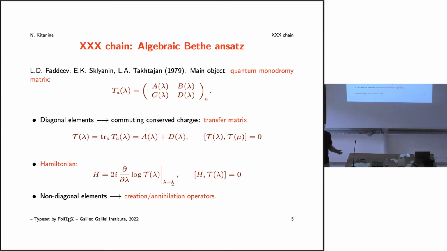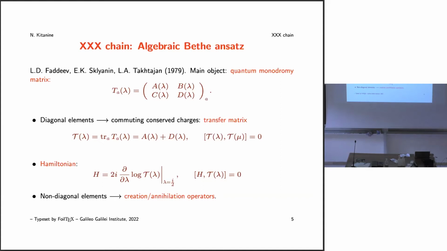And this monodromy matrix contains at the same time conserved charges, commuting conserved charges, which is called the transfer matrix, which is related to the Hamiltonian by the trace identities here. So you replace more or less the problem of diagonalizing the Hamiltonian by the problem of diagonalizing the transfer matrix, but also creation and annihilation operators B and C. So there is this algebraic technique permitting to do this. I don't want to go into the technical details.